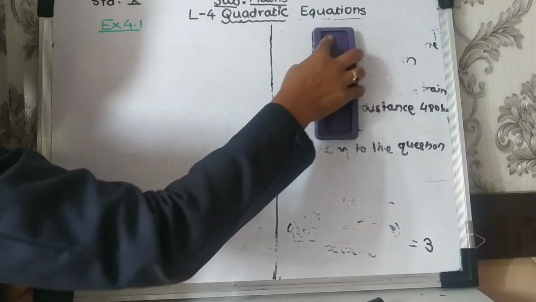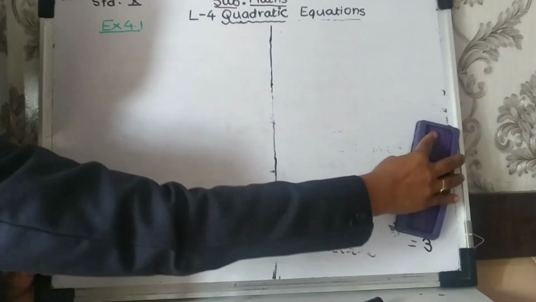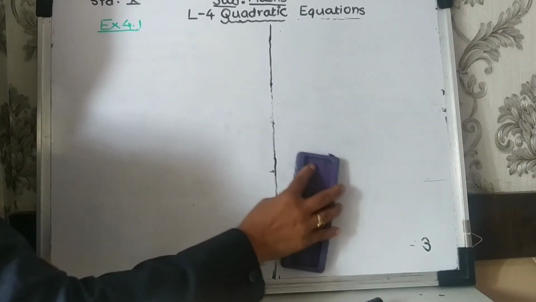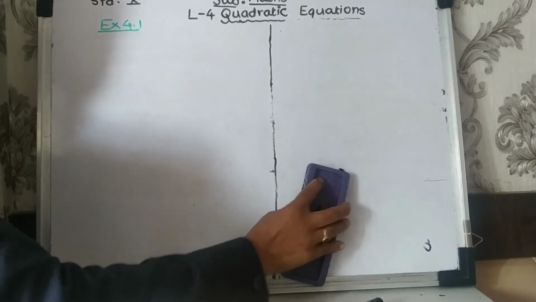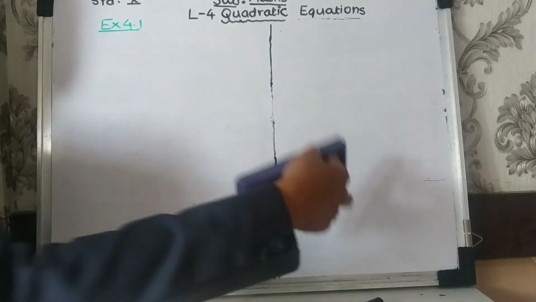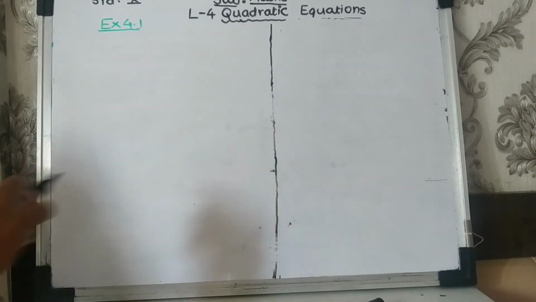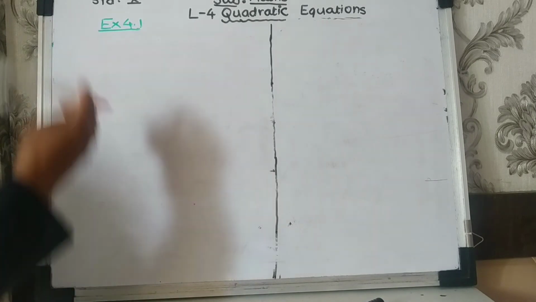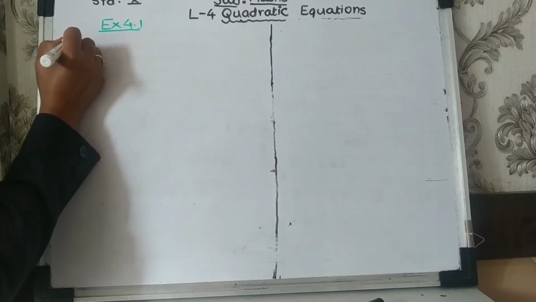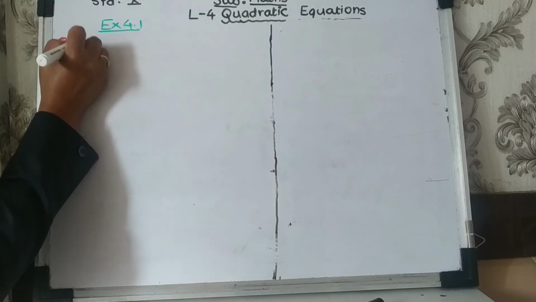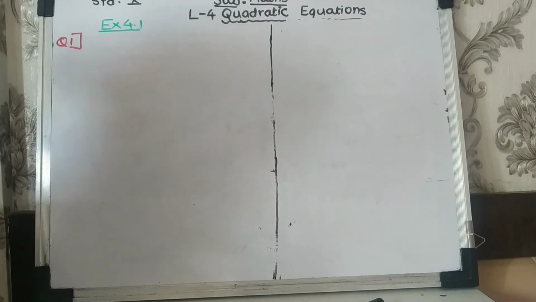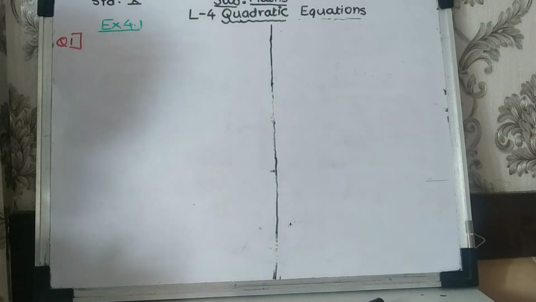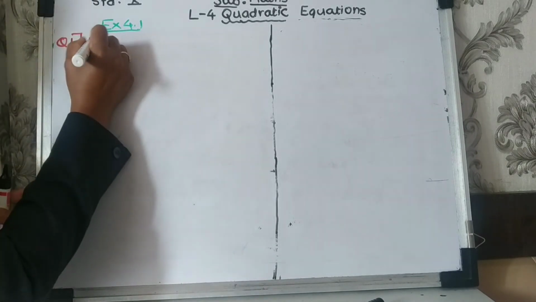For that, we are going to see the highest degree of the equation. That highest degree, how much should it be? For quadratic, it should be 2. So we are going to solve question number 1. We will see whether the highest degree is 2 or not. So which of the following are quadratic equations?